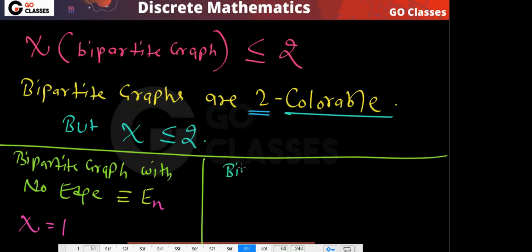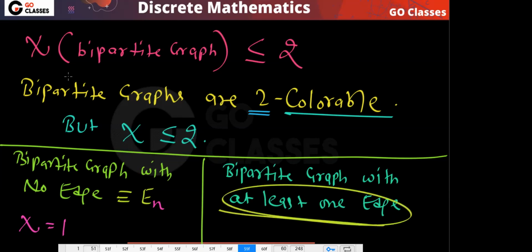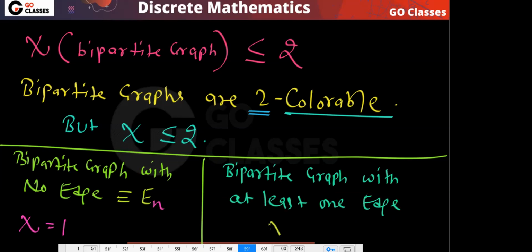And if your bipartite graph has at least one edge, then you cannot use one color. So the chromatic number will be 2 here. So that is the reason the chromatic number is less than or equal to 2.